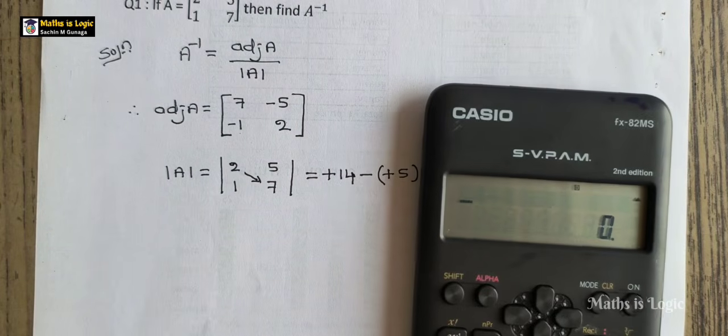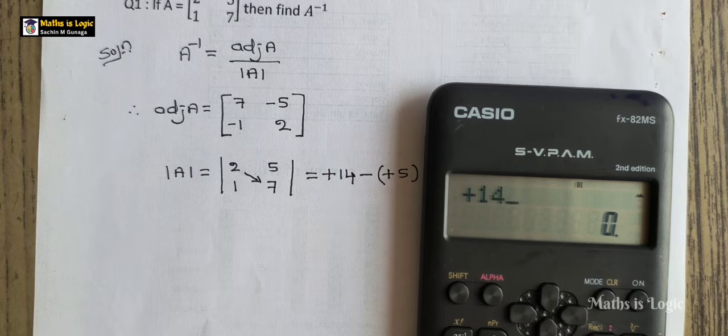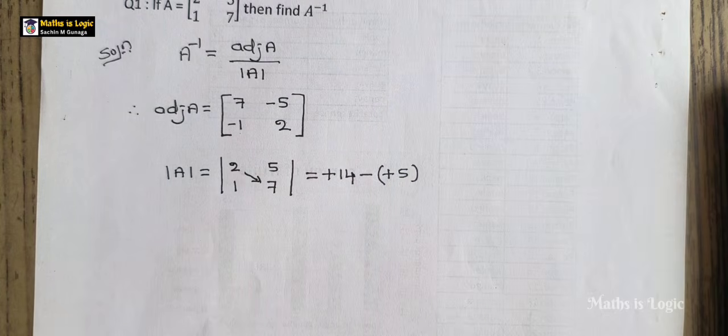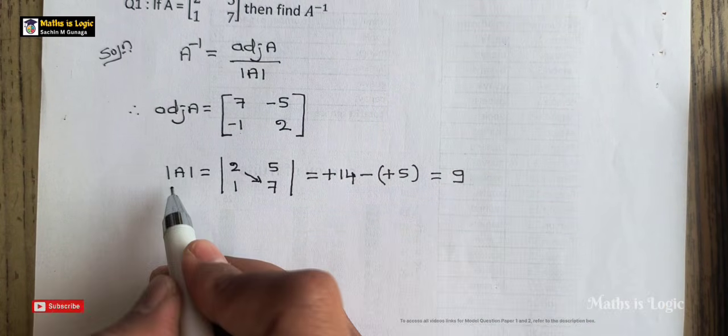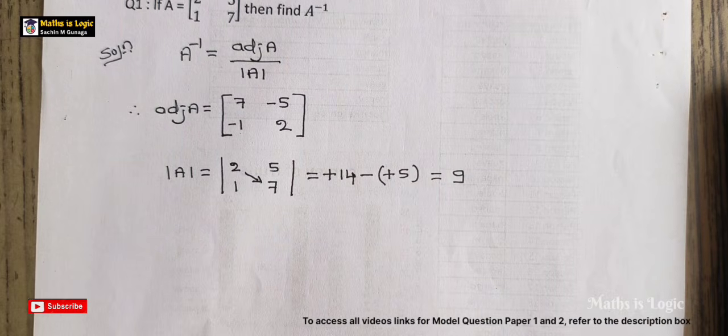Again use the calculator. Plus 14 minus of in bracket plus 5. What is the answer? 9. So write here 9. This is the value of determinant of A.